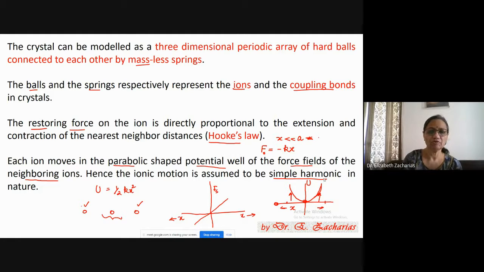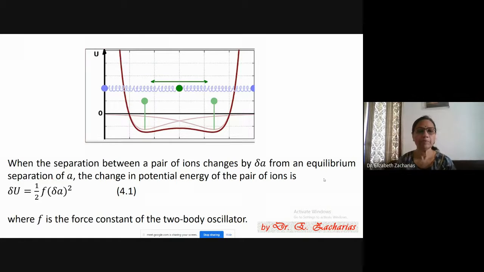Now I'll give you a picture of how the ionic motion is going to be within the parabolic shaped potential well of the neighboring ions. These things are not there in your book. So here is one ion, this is the second ion, and this is our hero sitting between the two. If I call them 1, 2 and 3, the potential wells of 1 and 3 combine and give you a potential looking like this.